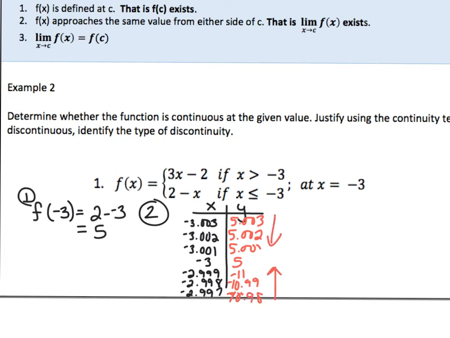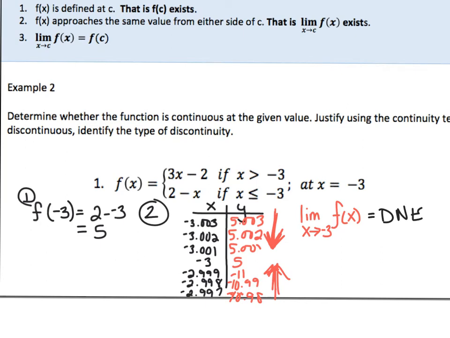On the left side, it's approaching 5. On the right side, it's getting close to -11. Different values. So I'm going to say that my limit does not exist, because it must approach the same value. I'm going to write that by saying DNE for does not exist.